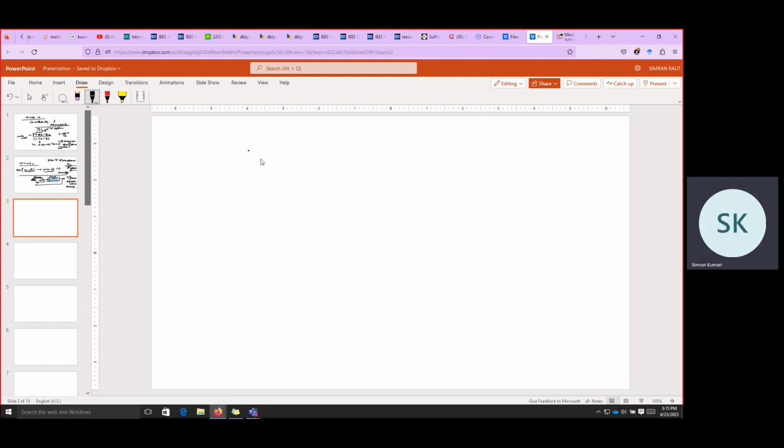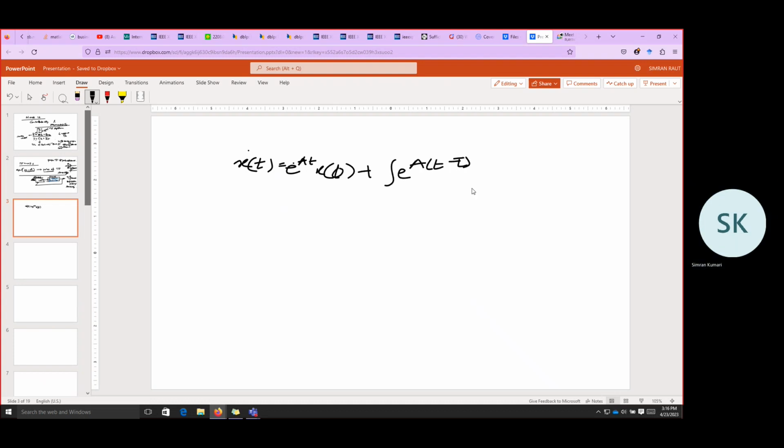So we know the response of the system will be e to the power At x0, the initial state, plus the integral of e to the power A(t minus tau) B u. So this is the response.